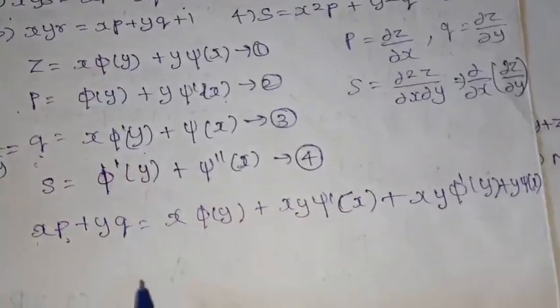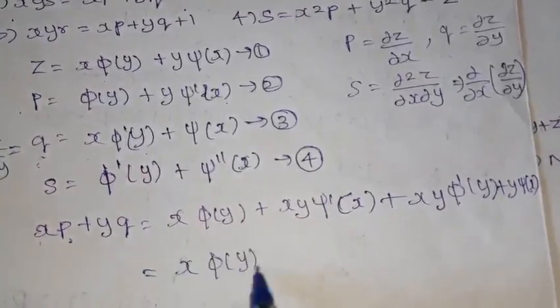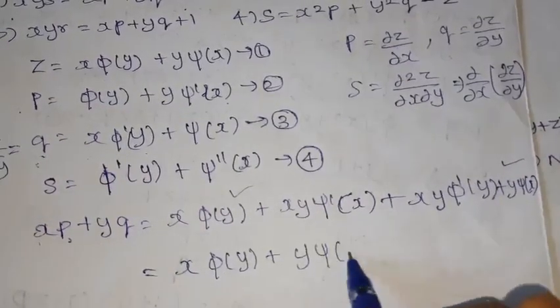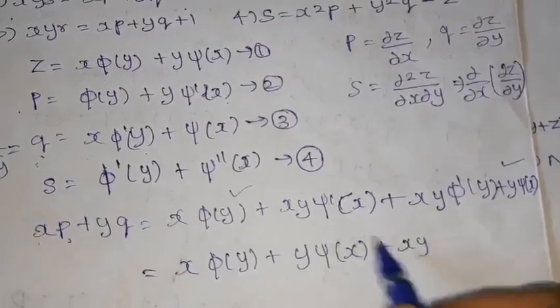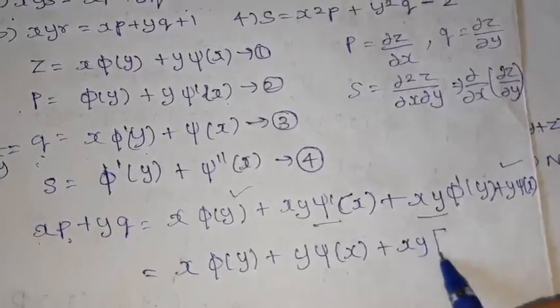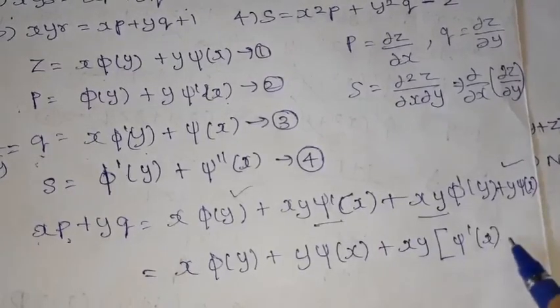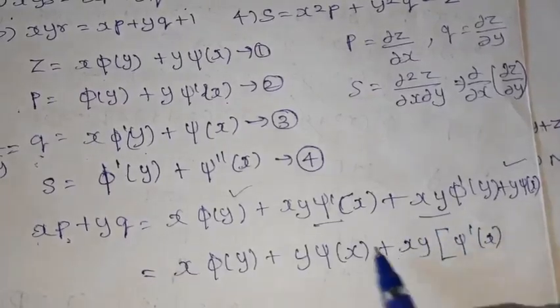See, take x phi of y plus, the first and fourth term, y psi of x, writing together. Then take xy common in the second and third terms. What will we get?